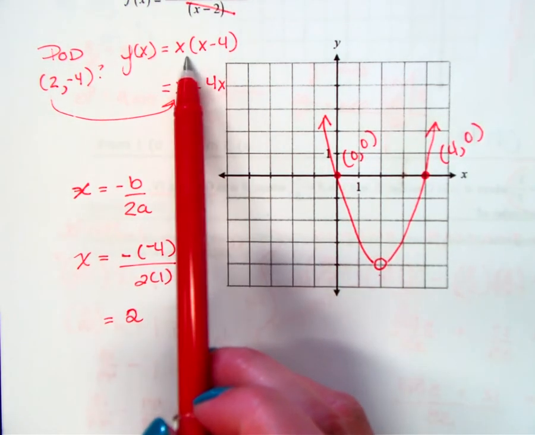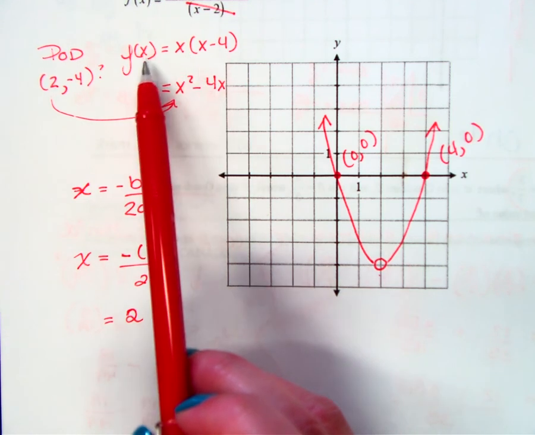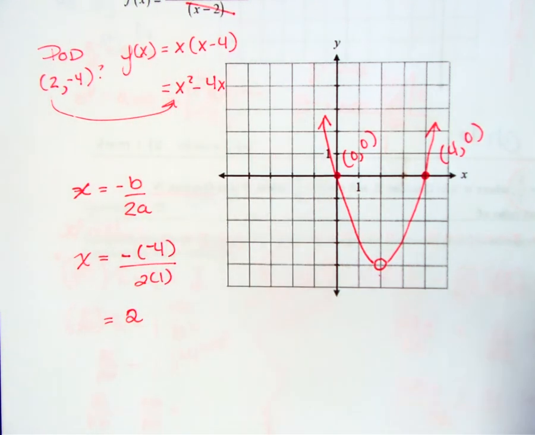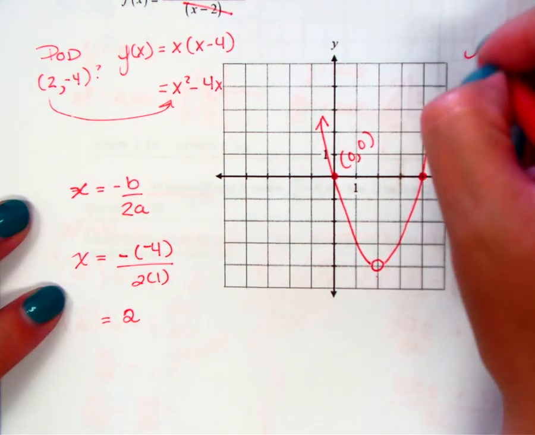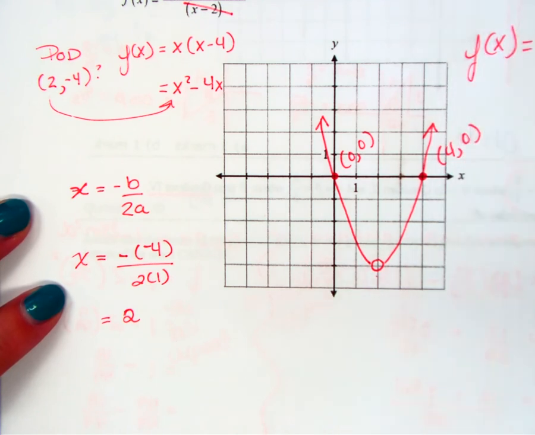So back here, if I'm looking for x-intercepts, what's the value of y? 0. So I'm going to set the equation equal to 0, set each of my factors equal to 0. Those are my x-intercepts. We've done it a million times. Oh, okay.